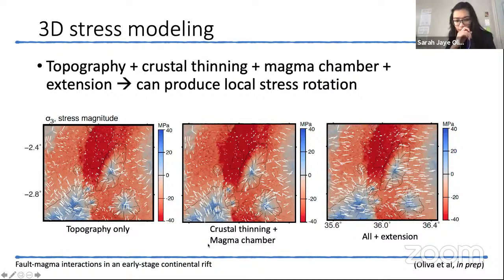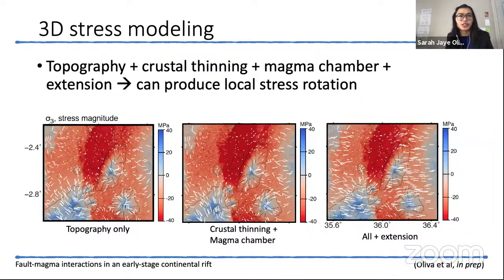And so what we think is important, therefore, is that the subsurface stresses are very important and influence greatly the earthquakes occurring in the region. Once we add in extension, I should say extension was a tricky component to add because we were working with static models, and we usually deal with extension as something that's occurring over time.